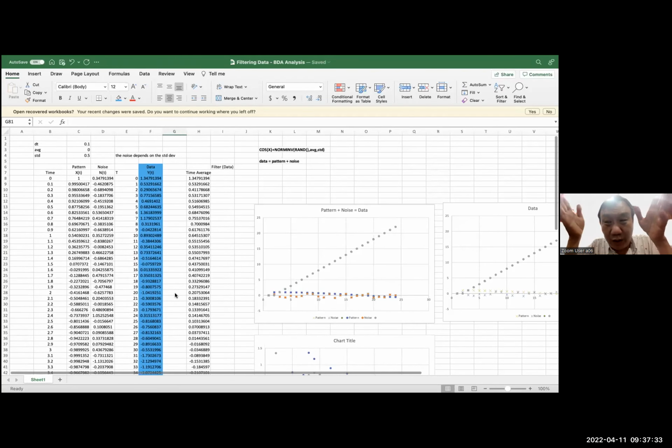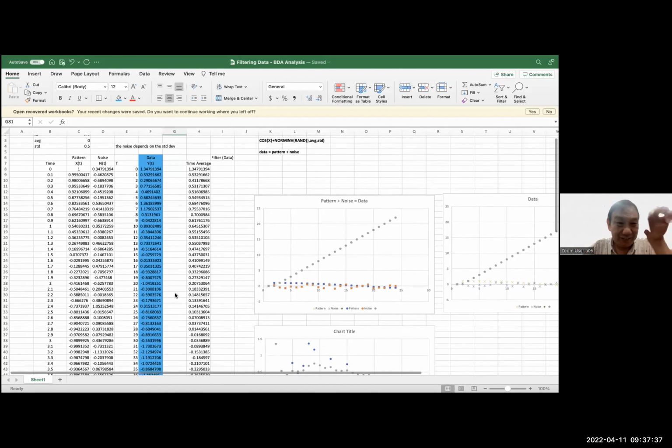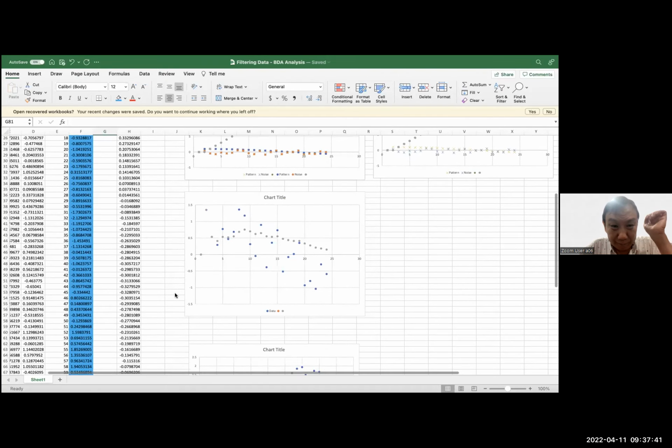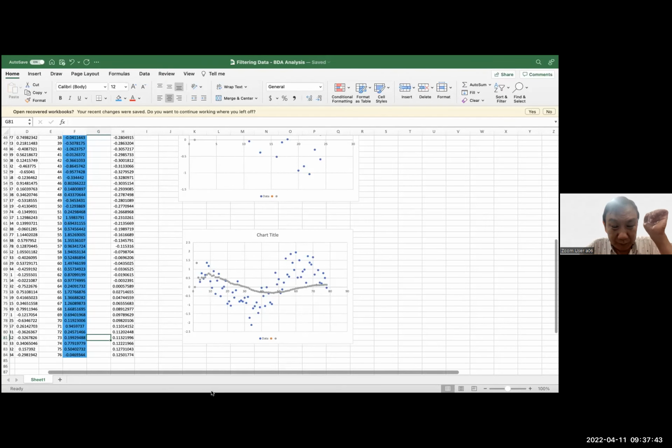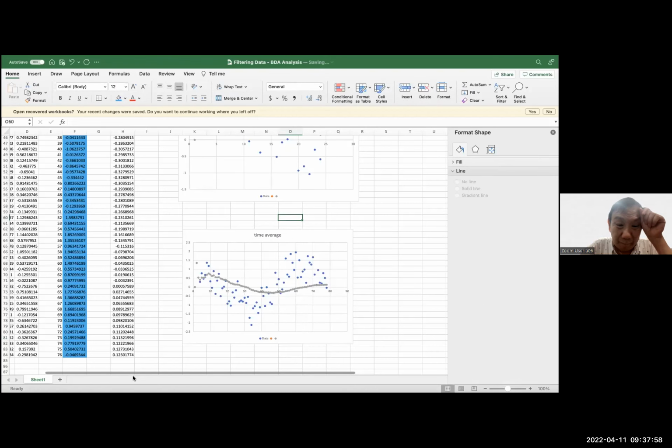Then you want to get the pattern back from the data, right? What you have is only the data. You don't have the pattern. So you want to get the pattern. Is this clear or not? Yes, sir. Thank you.